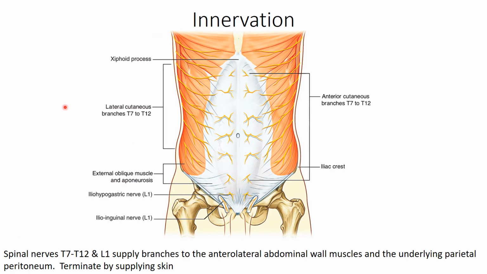So the muscles and the skin from this region are supplied by the lower six thoracic nerves and upper first lumbar nerve.